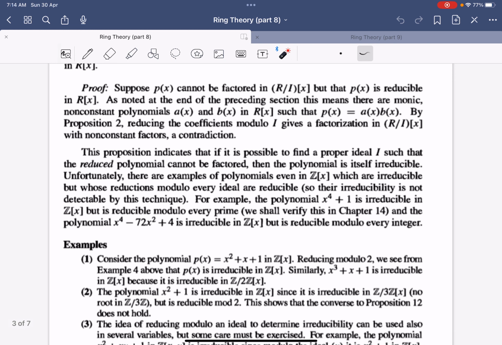So this shows that if you are able to find an ideal in which the reduced polynomial cannot be factored, then the polynomial itself is irreducible.